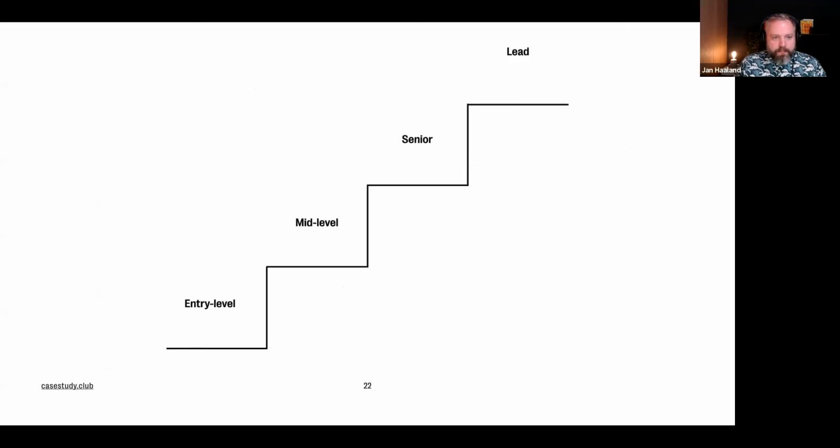Okay, so here we have a common individual contributor career ladder, and some of these names, as I said, might vary. So you have associate and junior, for example, but I just call it entry level. And to make it as simple as possible, here's what I think you should focus on within your case studies.